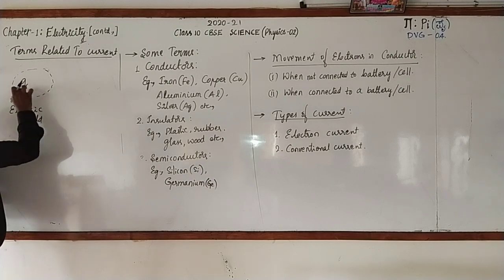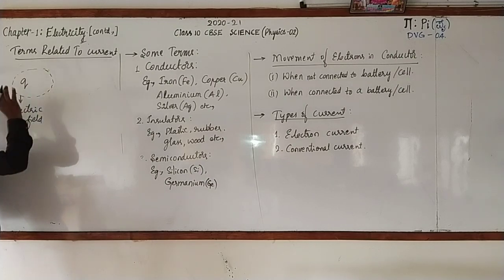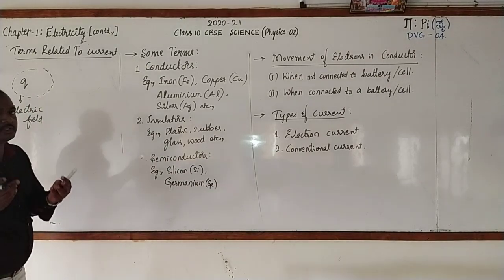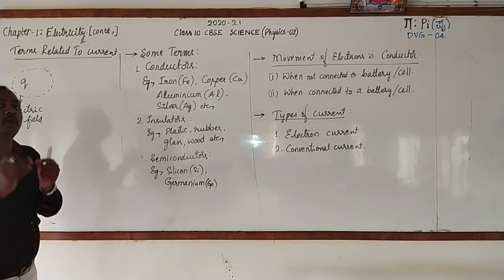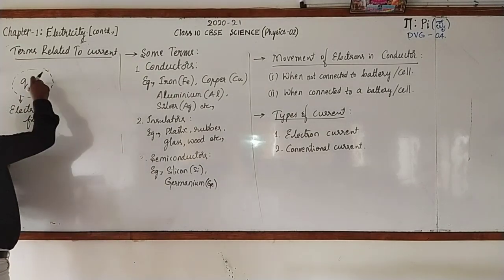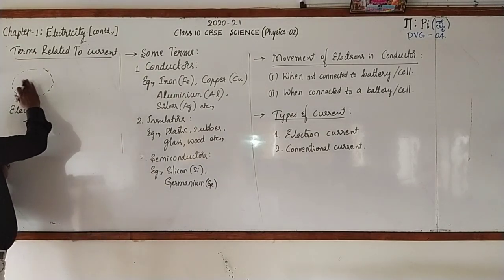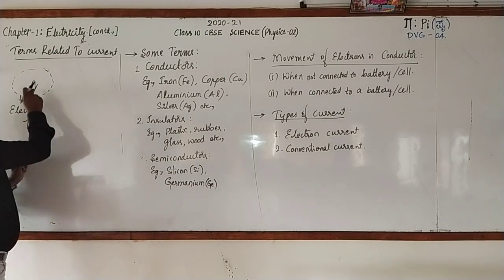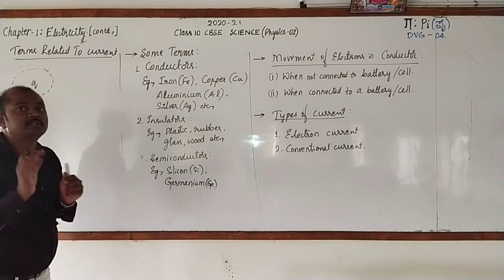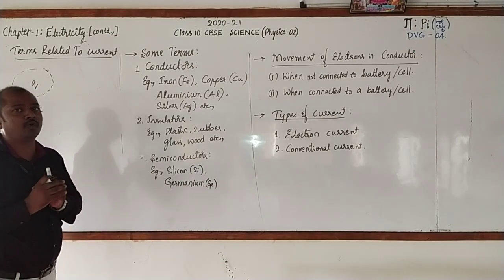The region around a charge where the electrostatic force is present is called electric field. Then could you tell or just think what may happen when a charged particle is placed inside this electric field? I am going to place a charged particle inside this electric field. What happens? It experiences a mechanical force, right?